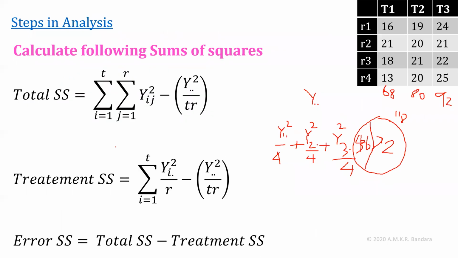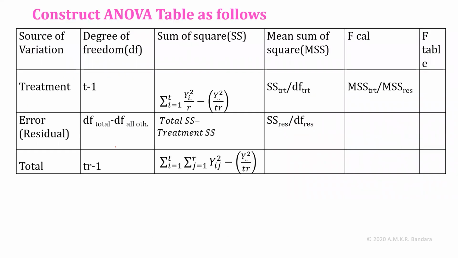So in the ANOVA table, we have total variability. The first column represents the source of variation.